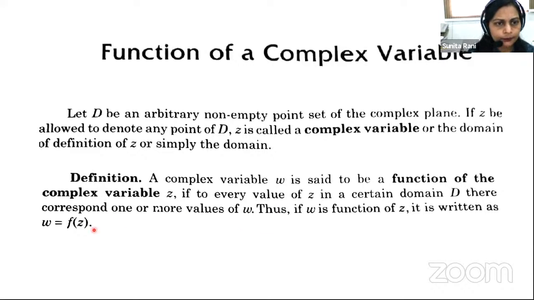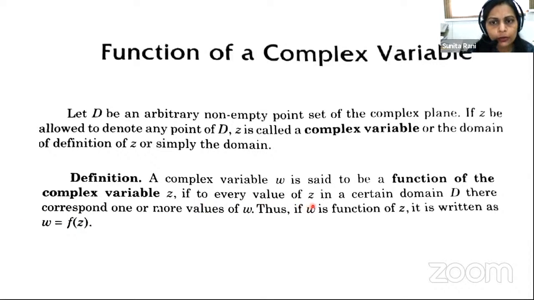Then we can define a variable w, and we say that w is a function of the complex variable z. We can write w equals f(z) when w is a function of z.